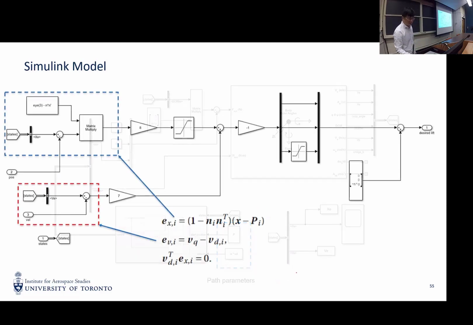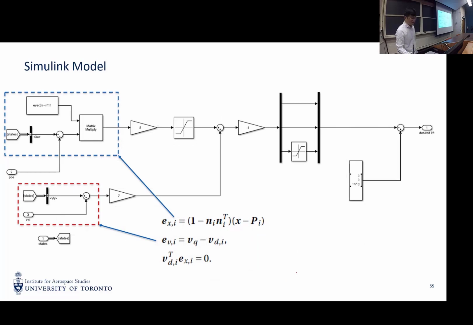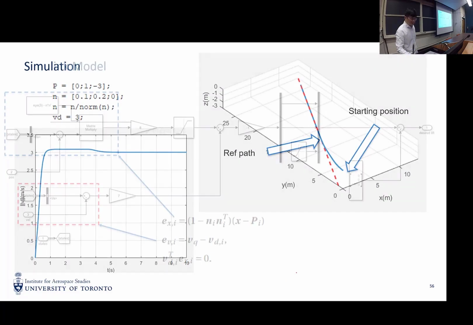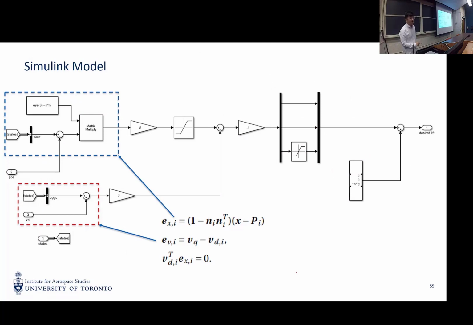And the only modification we need to do is in the translation channel. The attitude channel is exactly the same. But in the translation channel, this part is an identity matrix, so this matrix is I minus n times n transpose.